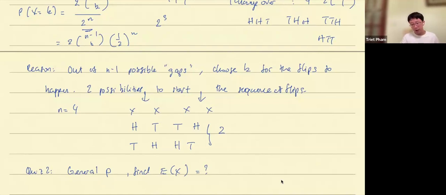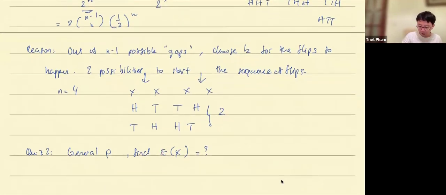So how do we find expectation in general? We find expectation in general by breaking the random variable down to a sum. So what are these xi? And what are we summing over?